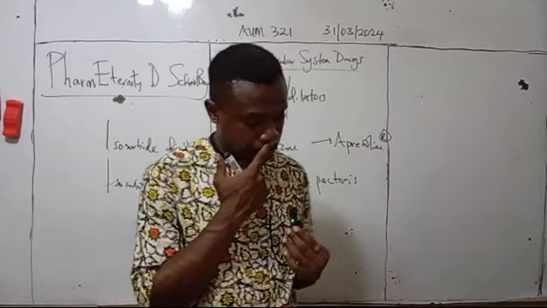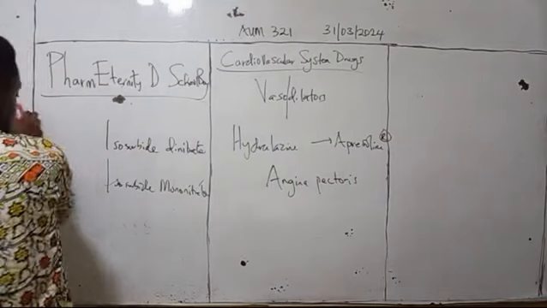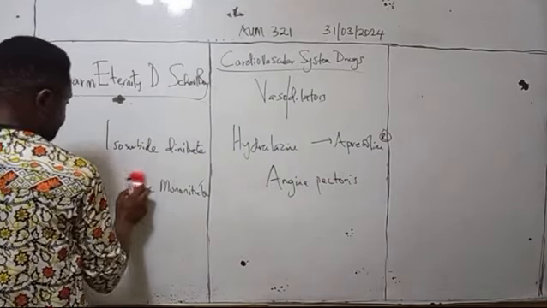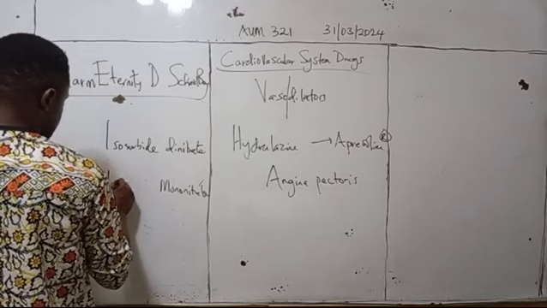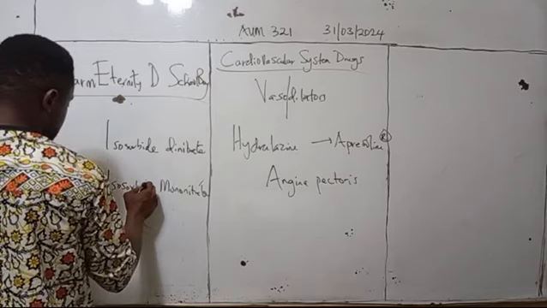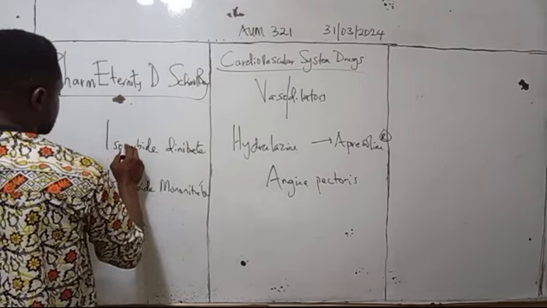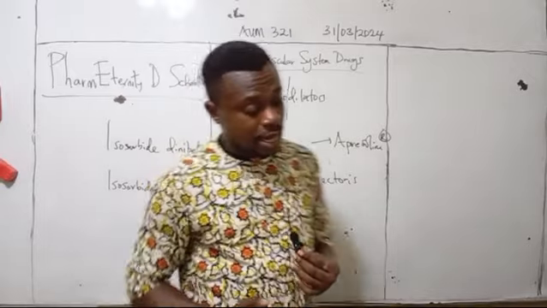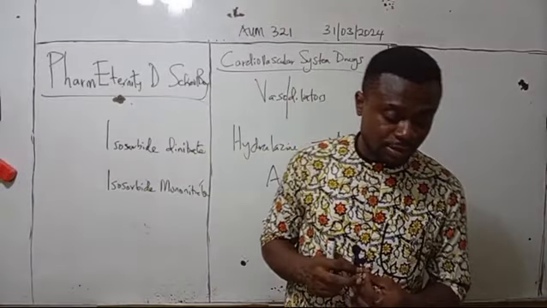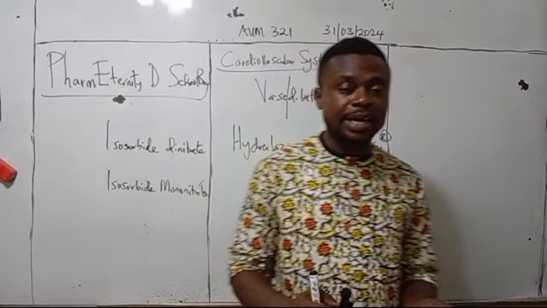So isosorbide mononitrate, you also have it as 10 milligram and 20 milligram normal tablets. For normal tablets, you use 20 milligram twice daily, but give a 7 hour gap.